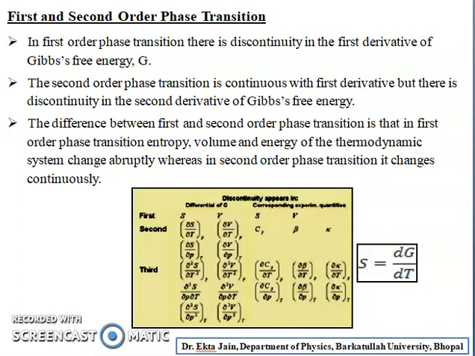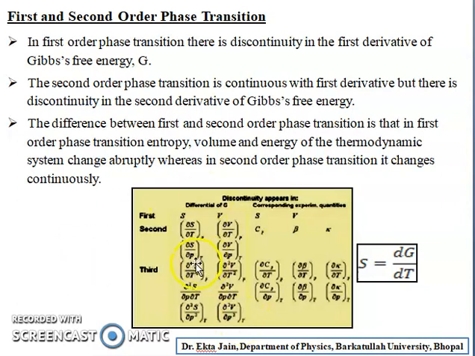The fine difference between the first and second order phase transition is that in first order phase transition, entropy, volume and energy of the thermodynamic system change abruptly, whereas in second order phase transition they change continuously.